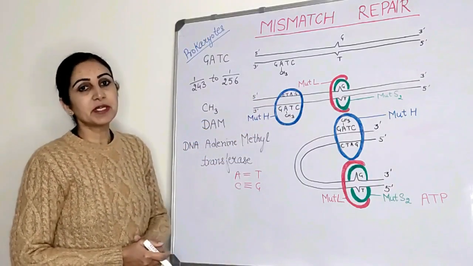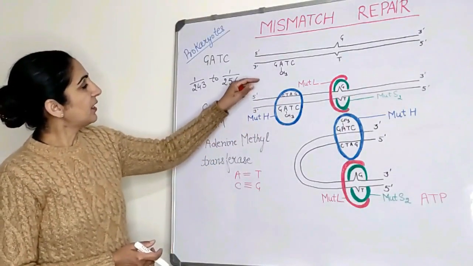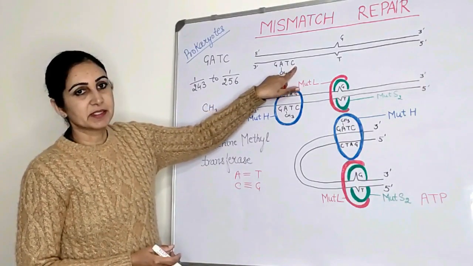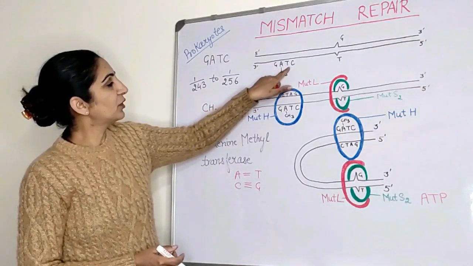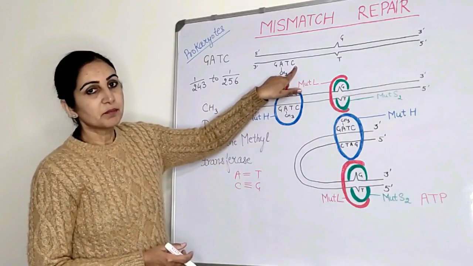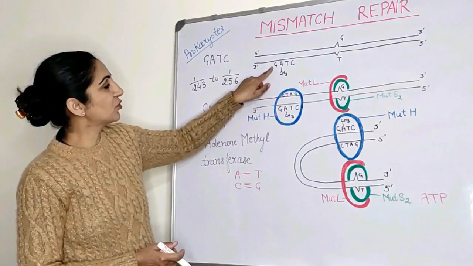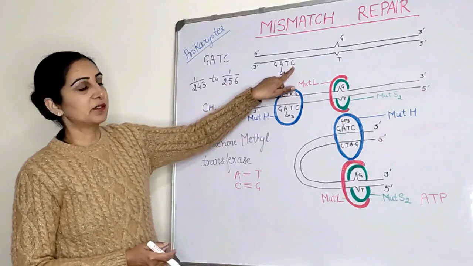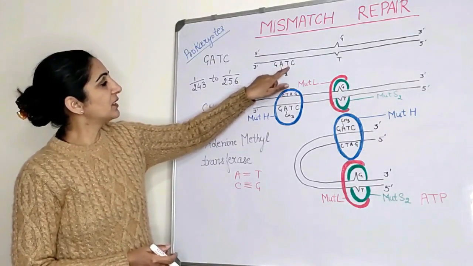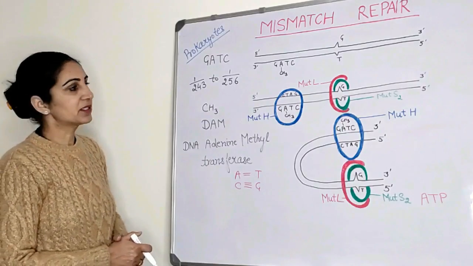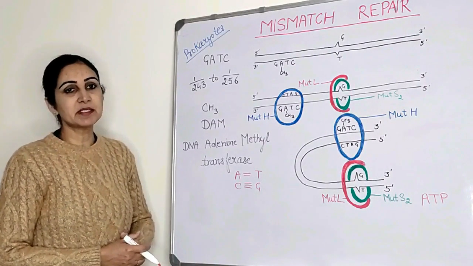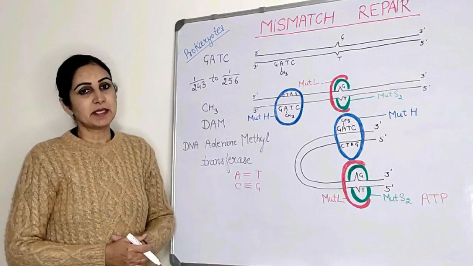In the case of DNA structure, there are so many GATC segments, that is, segments of 4 bases, where the first one is guanine, then adenine, then thymine and then cytosine. These are called GATC segments. There are so many GATC segments in one DNA strand.